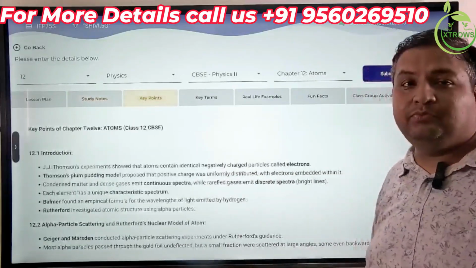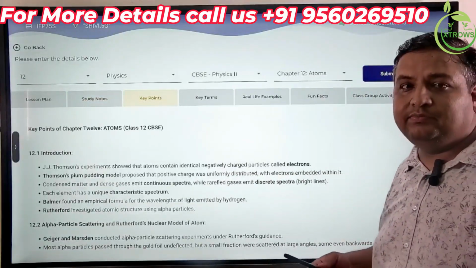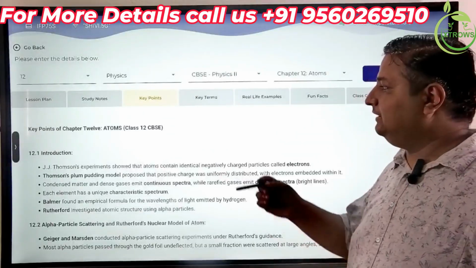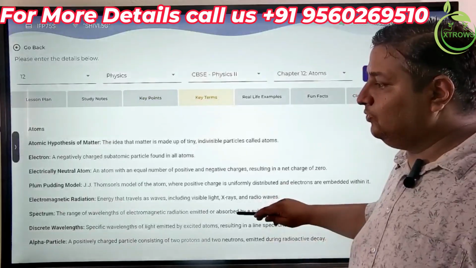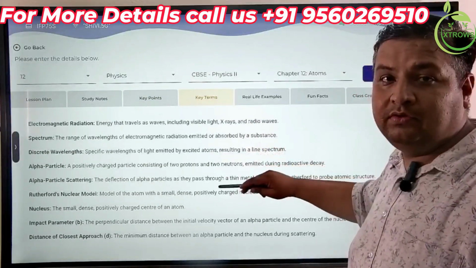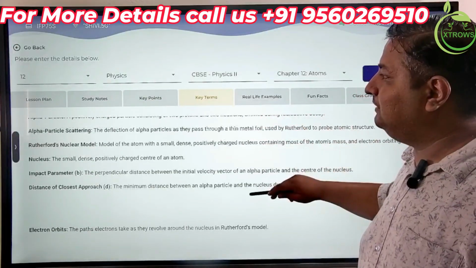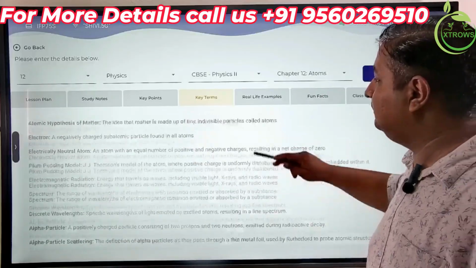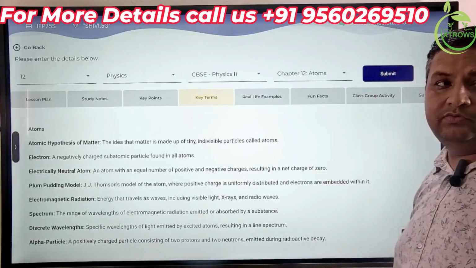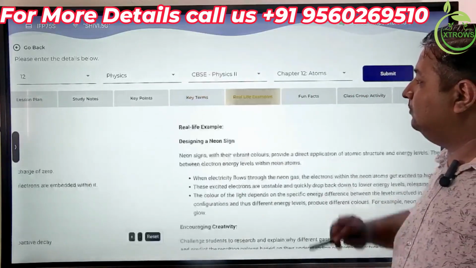What are the key points that should be focused upon, so that the students can understand key terms. What key terms are there in this particular chapter can be noted, which helps the teacher to make a note.